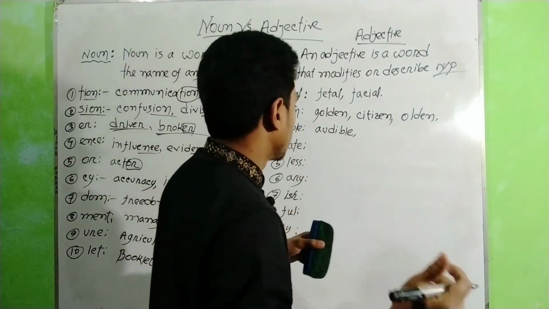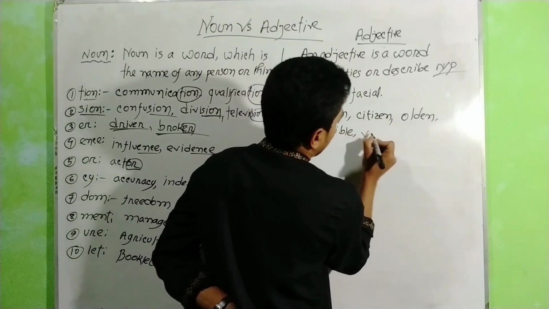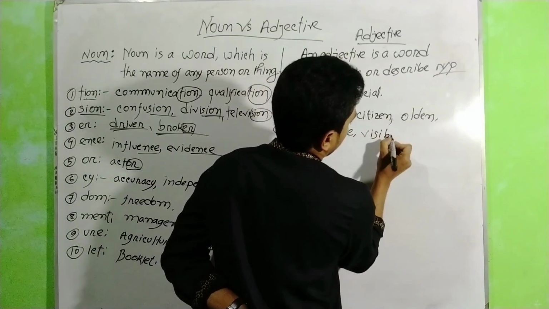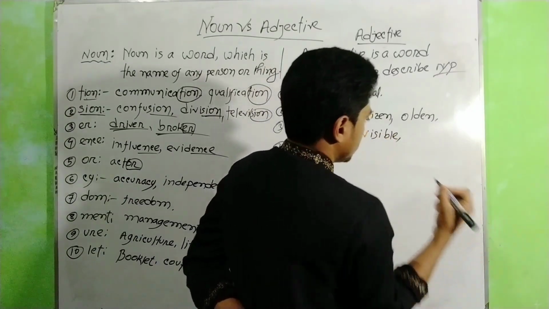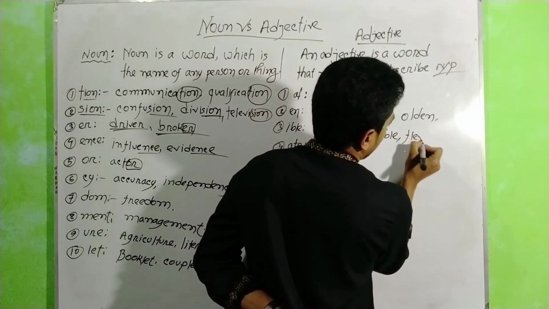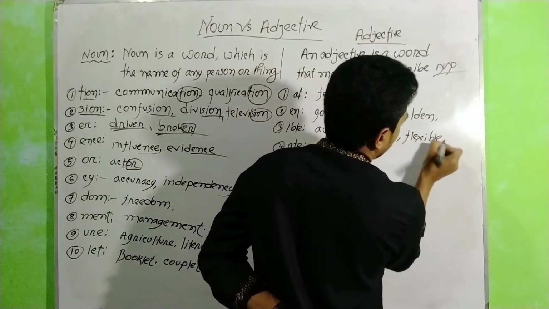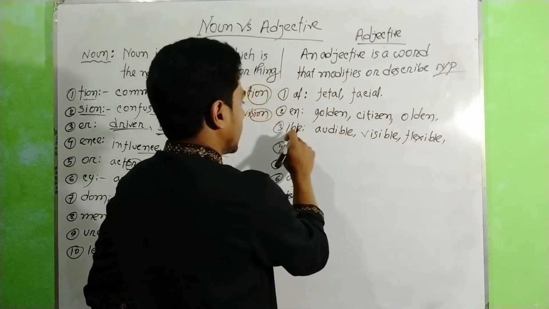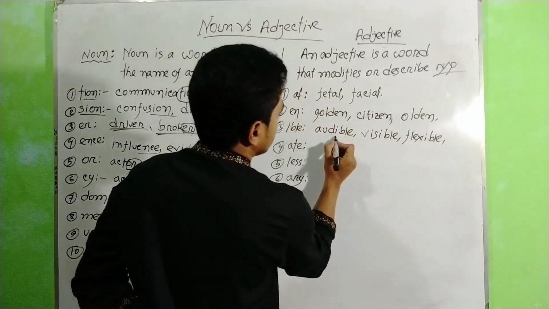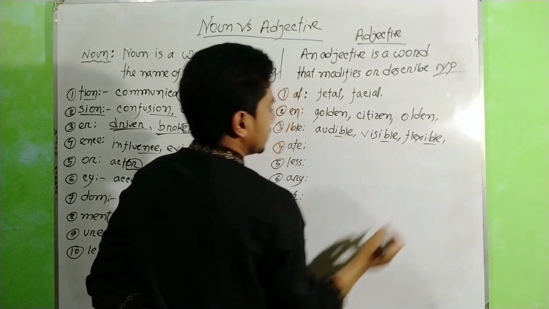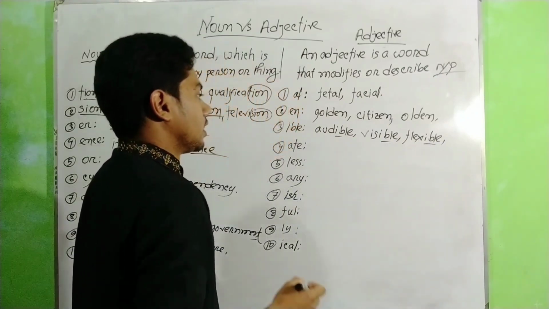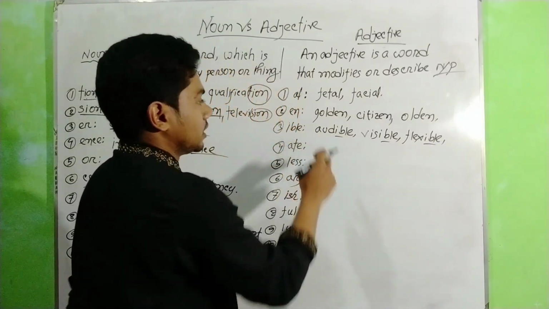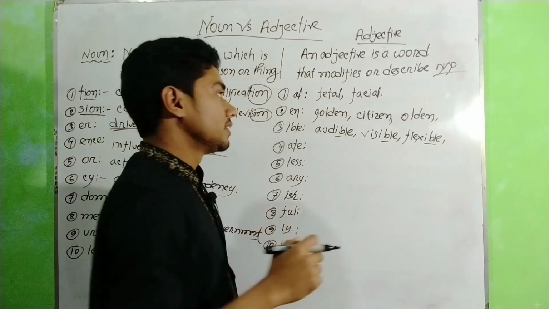Also, you can say visible. Also, you can say flexible. There are so many words that end with ible. So if you see any word that ends with ible, you are sure that that word is an adjective.